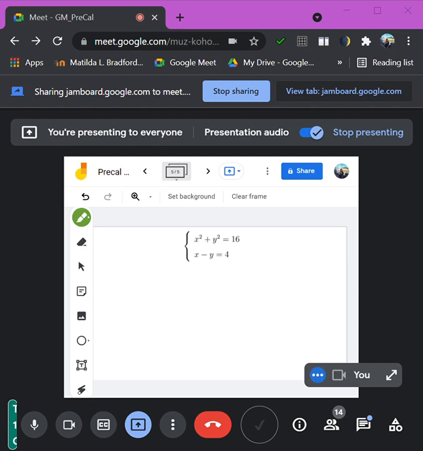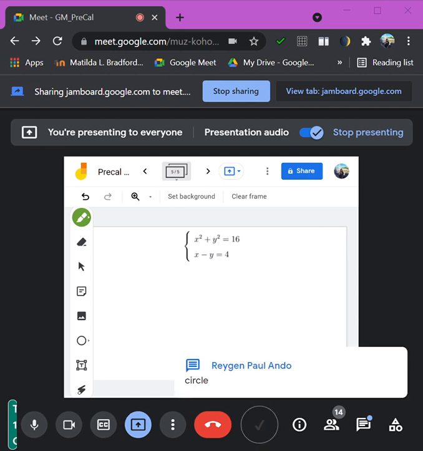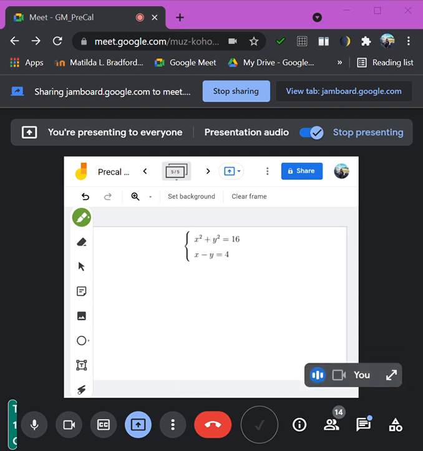It is a circle, which is correct. This is like our example on the circle last time. So here we have a circle and a linear, so it is still a nonlinear system, which is the circle.